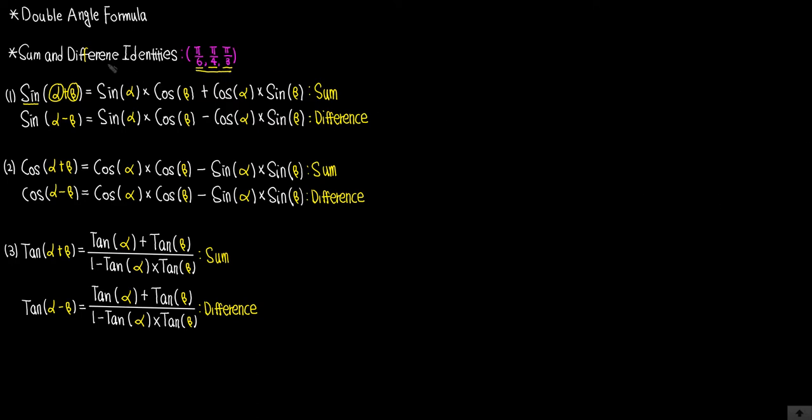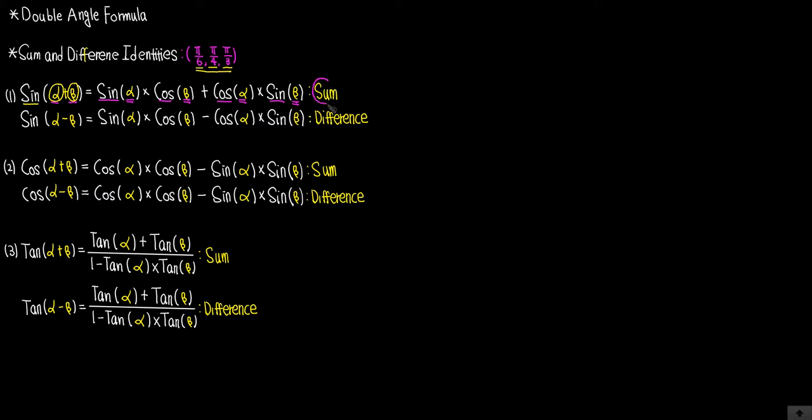If you add alpha and beta, then the sine formula for this sum identity is going to be the sine of the first angle alpha times the cosine of the second angle beta, plus the cosine of the first angle alpha times the sine of the second angle beta.